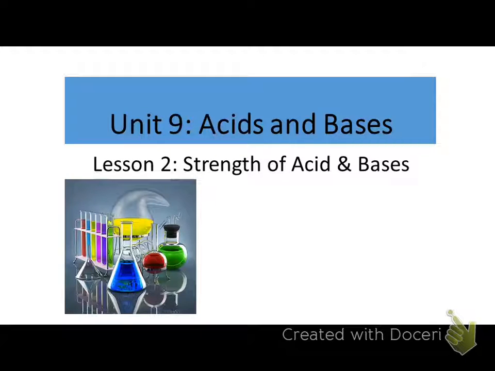And in a Bronsted-Lowry acid and base reaction, where the acid donates a proton and the base accepts it, we form a conjugate acid-base pair. The acid will form a conjugate base, and the base is going to form a conjugate acid. And those acid-base conjugate pair relationships are important for you to know.